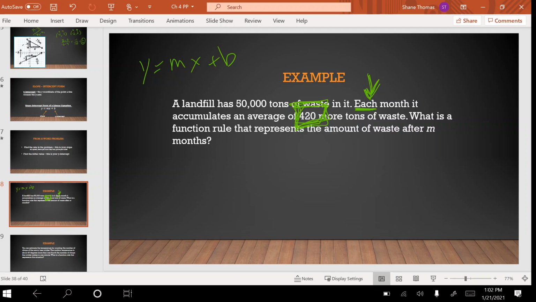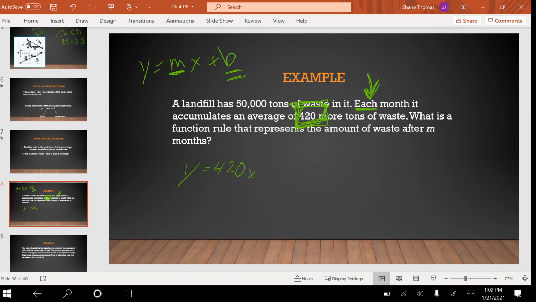Okay. So this is my equation, right? Which one is my slope, M or B? M. M is slope. B is y-intercept or initial value. Every equation you make is going to have your y and x still. You just have to fill in M and B. So we just said 420 was my slope, correct? y equals 420x.